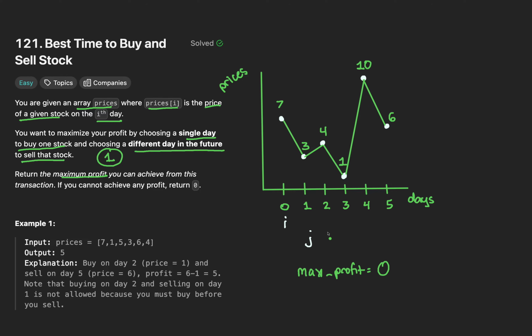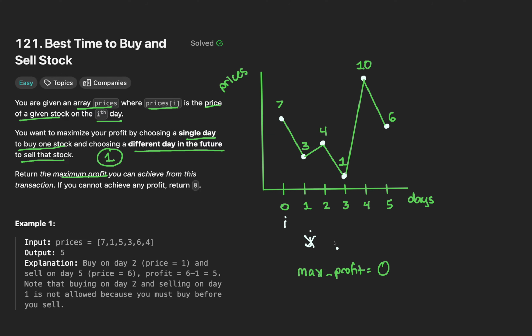Okay, so on the first iteration, j is on day 1. If we had bought it for a price of 7 and sold it for a price of 3, then that means we go into the negative with negative 4. Comparing the two numbers, we'd rather opt to break even with the 0. Remember, that is a thing we can do. Let's move on.